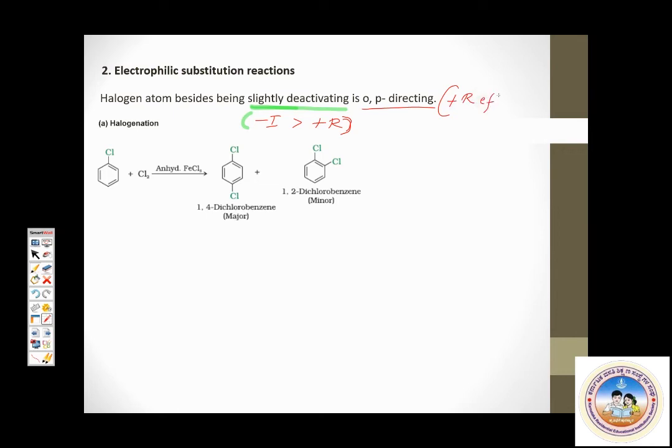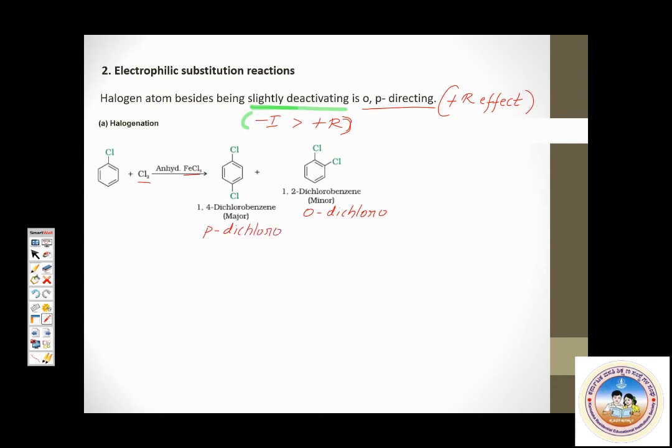Accordingly, you have the following examples under haloarenes. Halogenation, wherein you treat chlorobenzene with chlorine in presence of Lewis acid FeCl3. See, you get both ortho product and para product. This is ortho dichloro and this is para dichloro. One is major, one is minor.